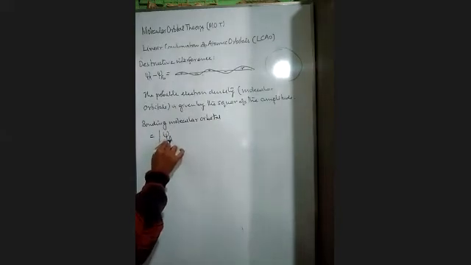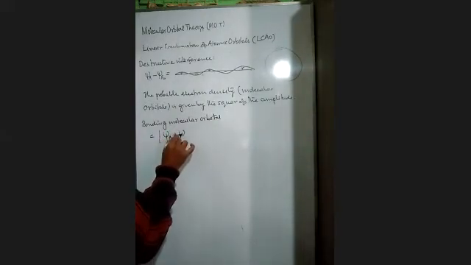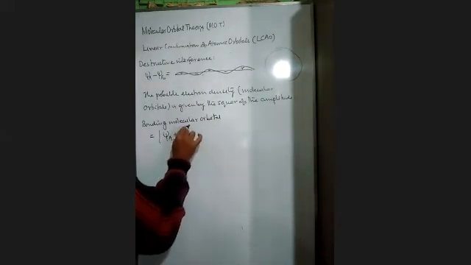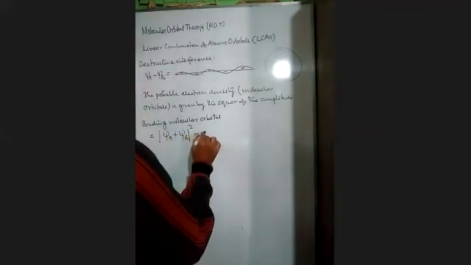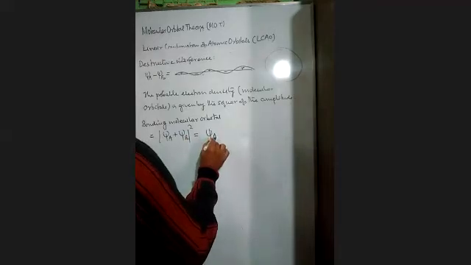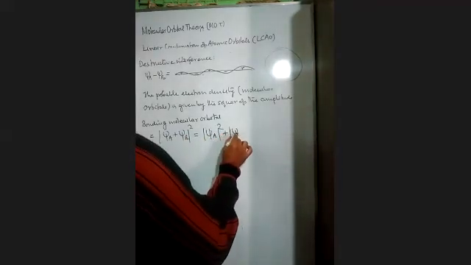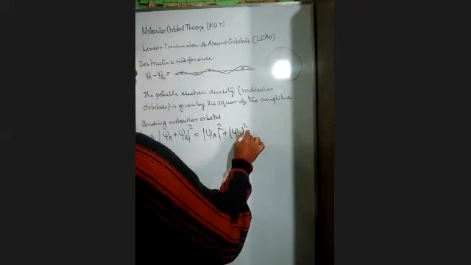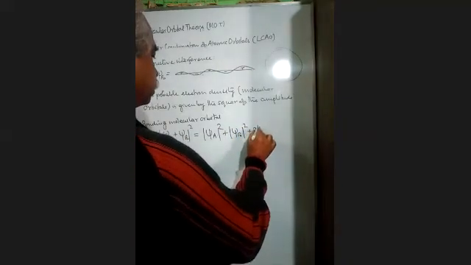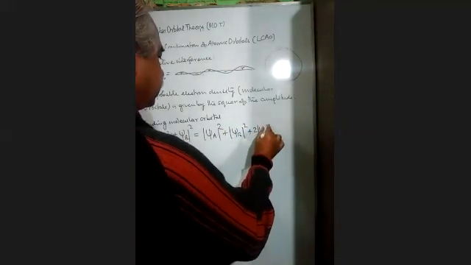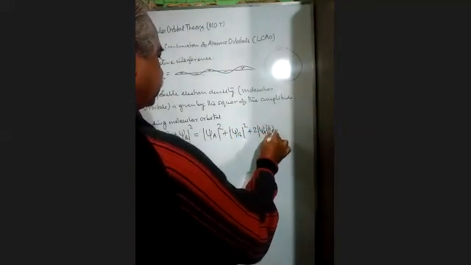This is done by the constructive interference. This is the one: (psi A plus psi B) square. If I expand it, you know it. According to algebra, what should I get here? Psi A square, psi B square plus 2 psi A psi B.